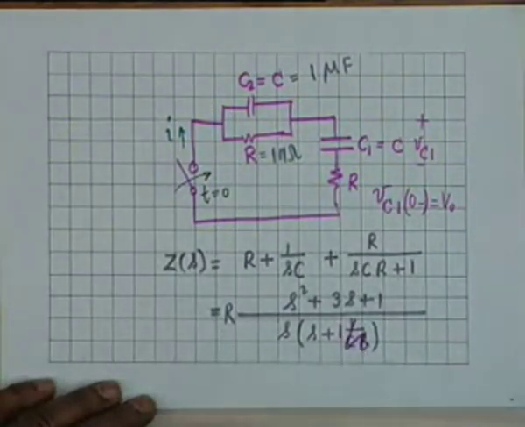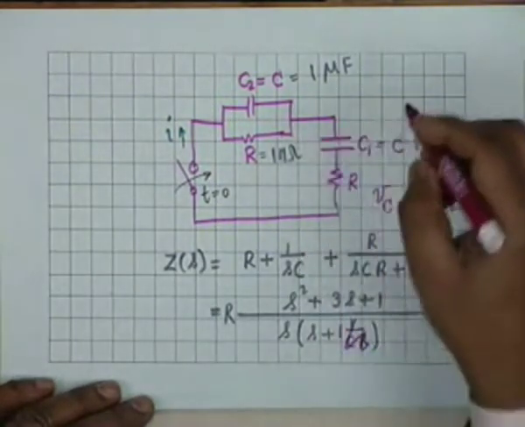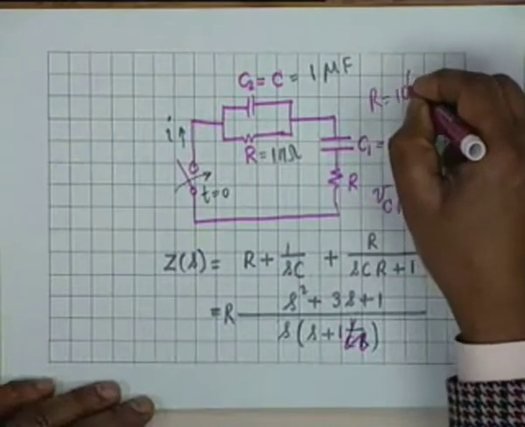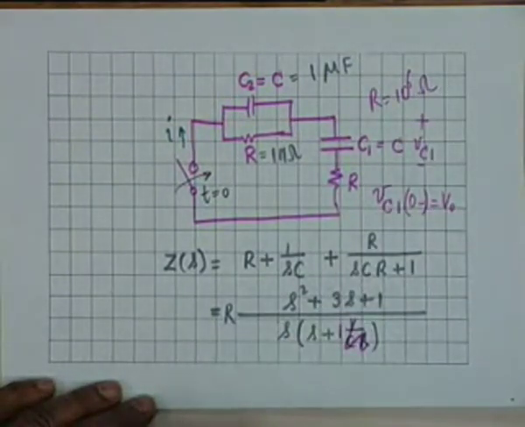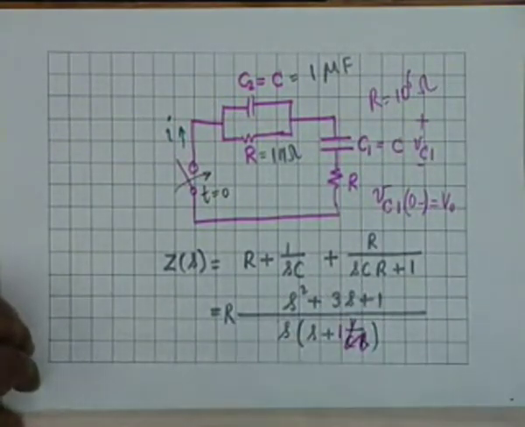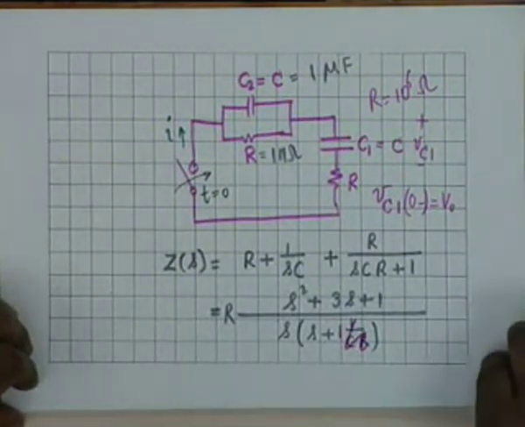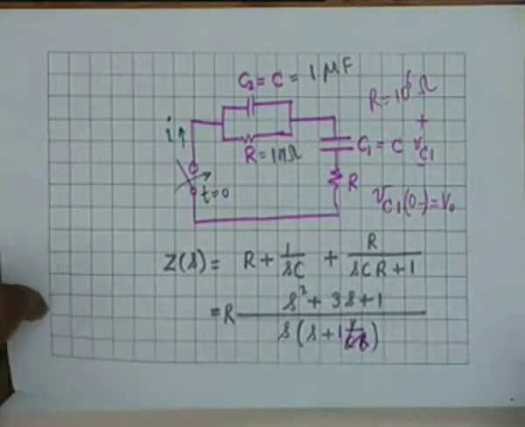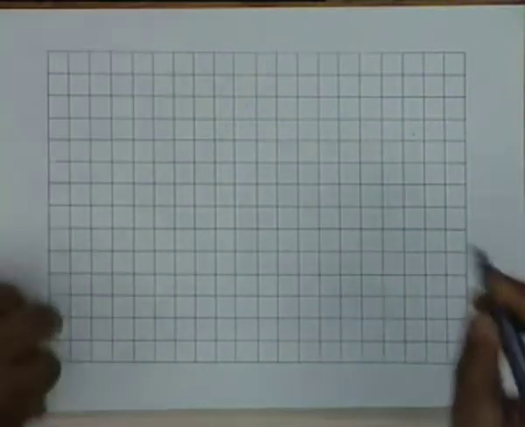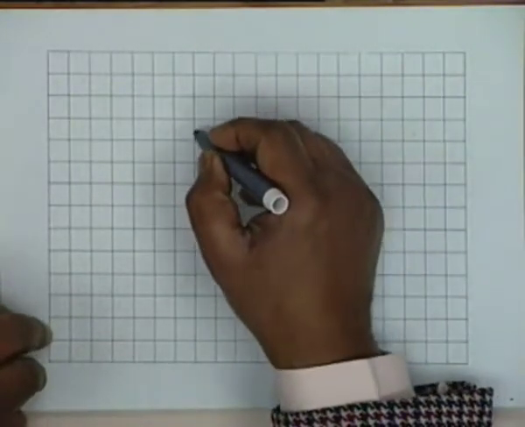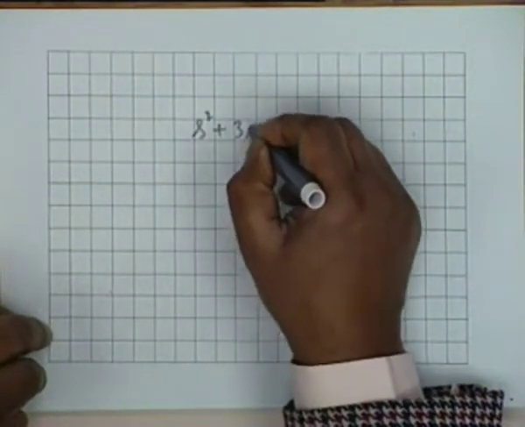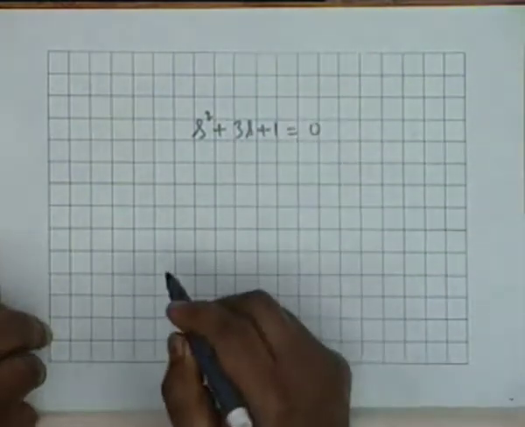Alright. R is 1 meg, 10 to the 6 ohms. Meg is mega ohms, that's correct. So my natural current response shall be determined by the zeros of the impedance, S squared plus 3S plus 1 equal to 0.